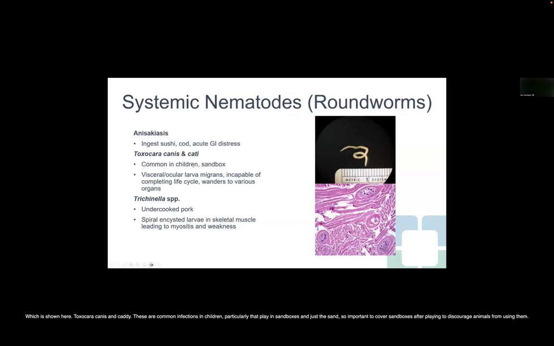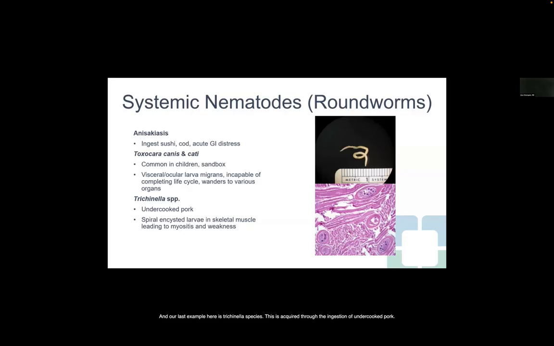These are common infections in children, particularly those that play in sandboxes and ingest the sand, so it's important to cover sandboxes after playing to discourage animals from using them. The human is really an accidental host, and so it's going to cause visceral and ocular larva migrans because it's incapable of completing the life cycle in humans, so it wanders around.